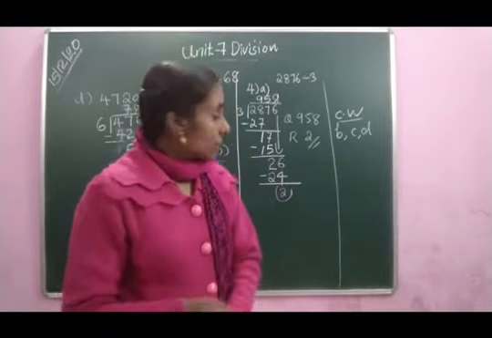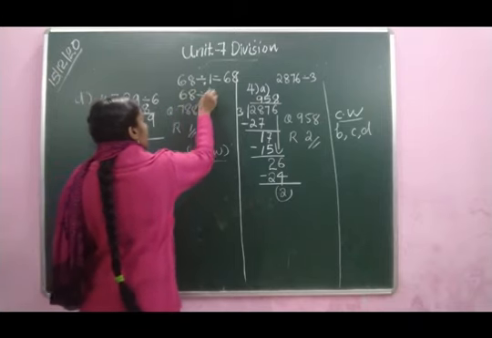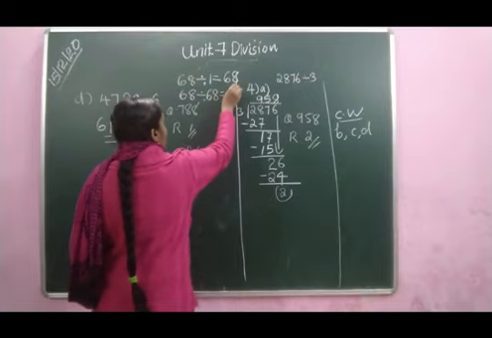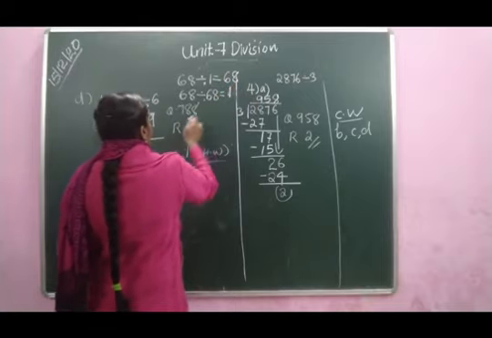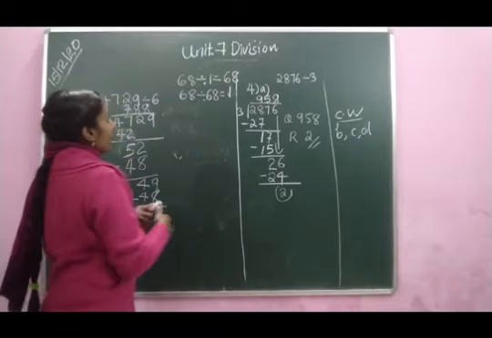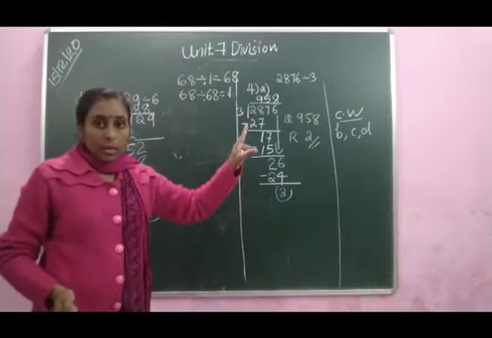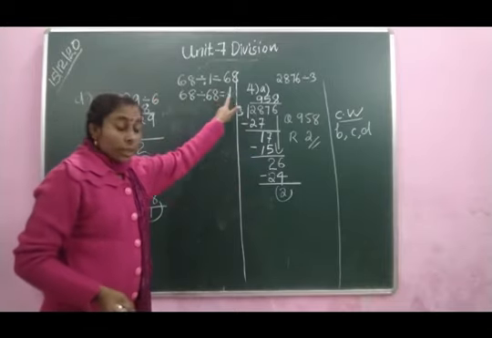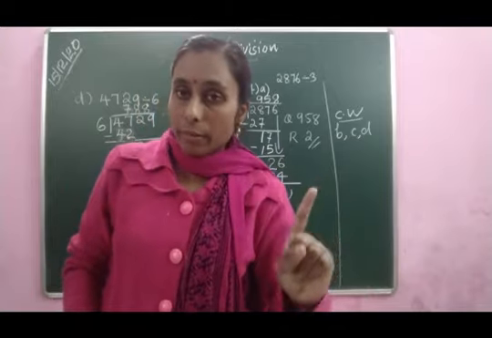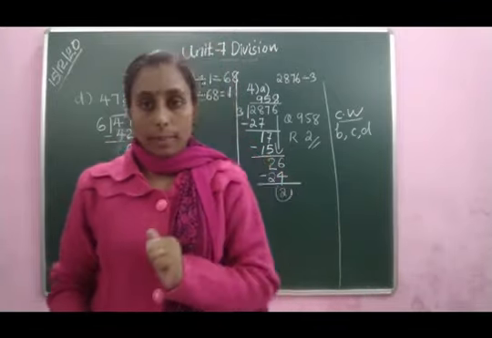Suppose 68 divided by 68 is equal to 1. Whenever we divide a number by itself, the quotient will be 1. Or if the dividend and divisor are equal, the quotient will be 1.